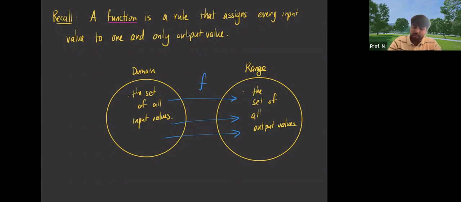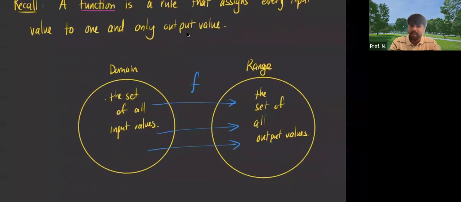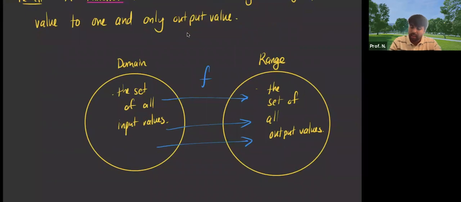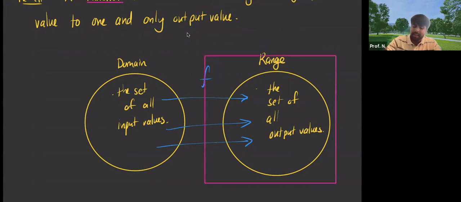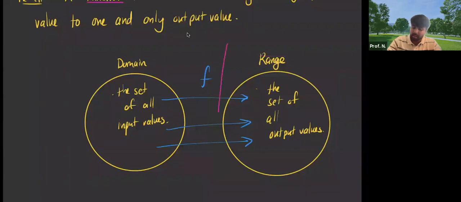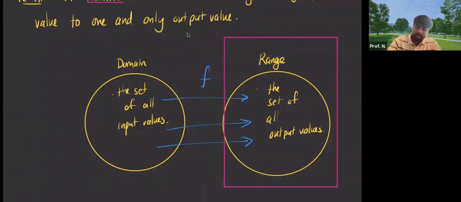Now, we're going to be using a few more fancy terminology. Now, the range is the set of all output values. But we're going to be talking about something bigger than the range. The range exists in a space, called the codomain. So codomain is the bigger space that the range is a subset of.